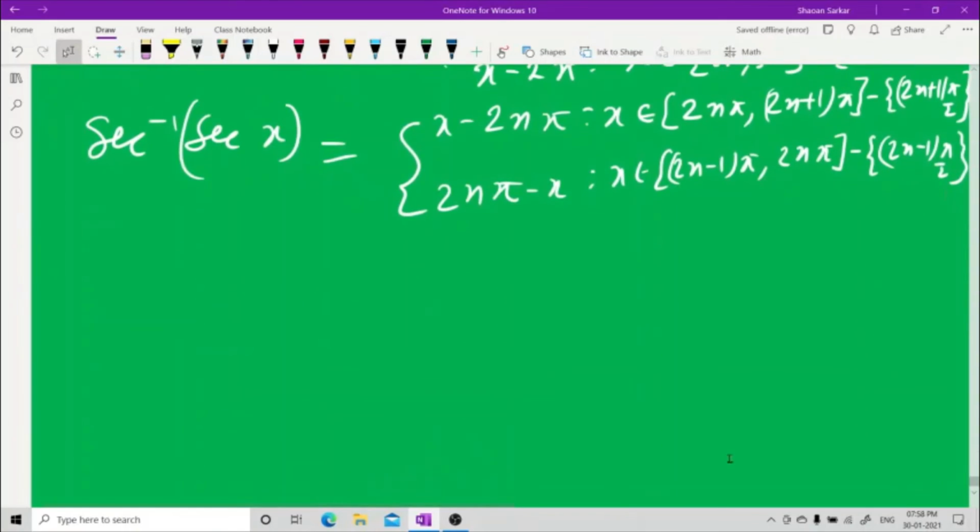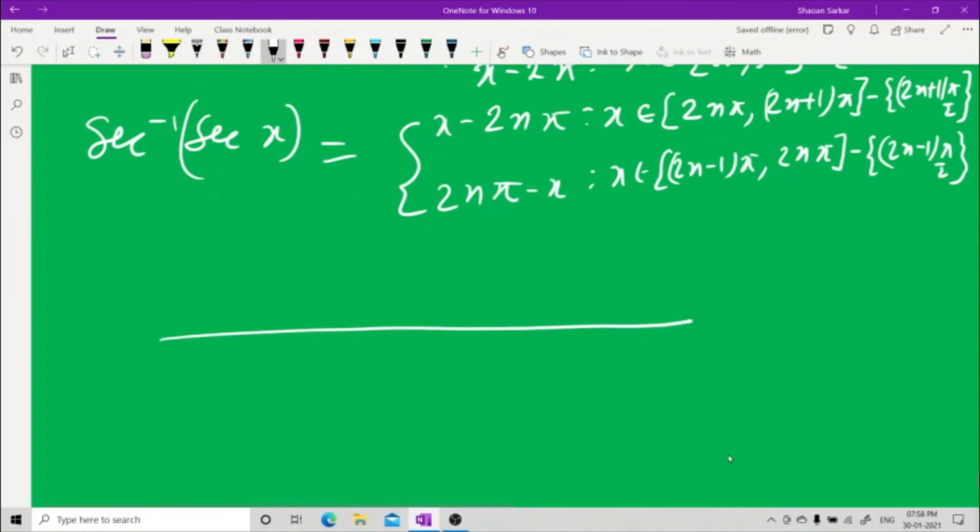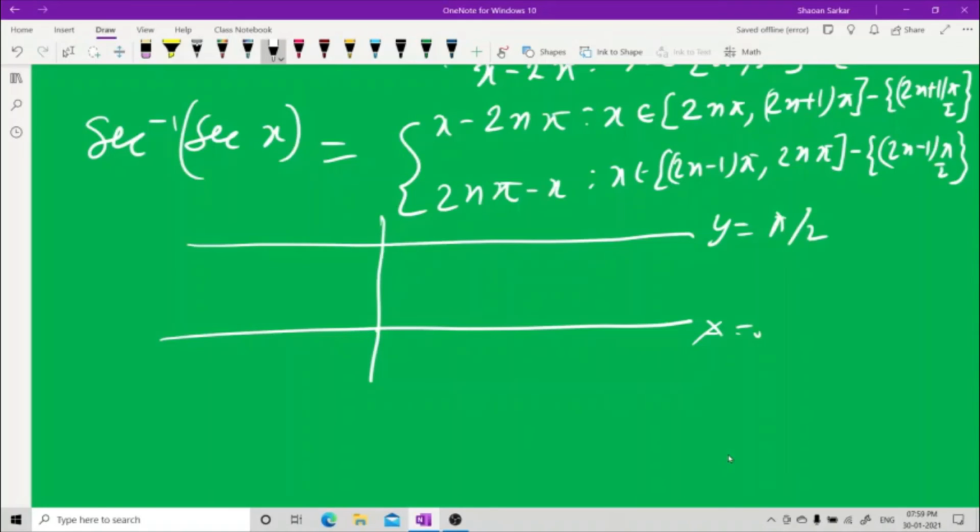Same, look, the graph would be like this. This is your x equal to 0 line. This is your y equal to pi by 2 line. Okay, this is your 0, 0. Okay, this is your pi by 2 point. This is your pi.